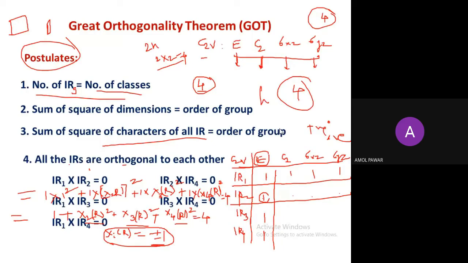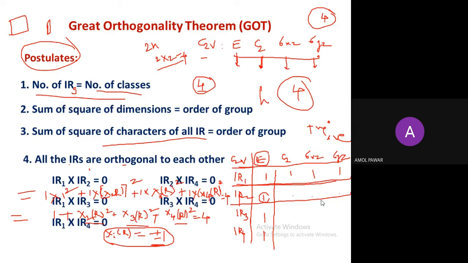Orthogonal means if I multiply IR1, the irreducible representation 1 with all values 1 1 1, into the values of representation 2, it is equal to 0. So if I multiply IR1 into IR2, then it should be 0. If I multiply IR1 into IR4 or any representation, then the value should be 0.